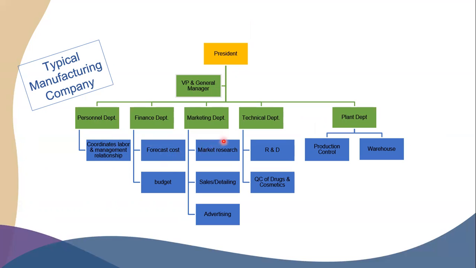You also have your marketing department, like I said, for market research, sales and detailing, as well as advertising. Then you have your technical department, which includes your research and development, as well as QC of drugs and cosmetics. Then you have your plant department, which is involved with production control as well as warehousing of your products.